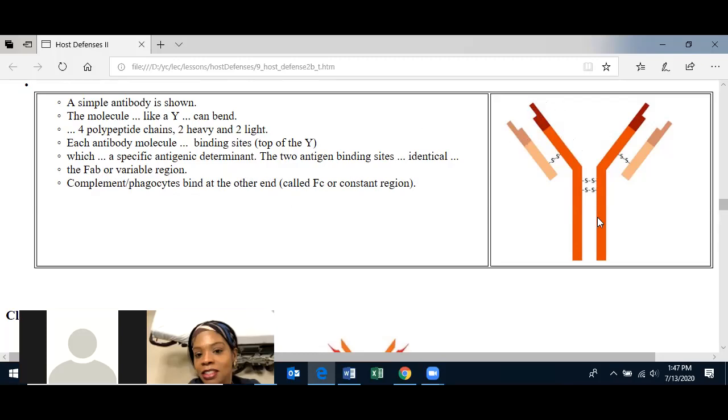Okay? The other region of the antibody, this region here and this region here, is the constant region of the antibody. So all antibodies of this class will have the same constant region, and this is called the Fc region for fragment constant.